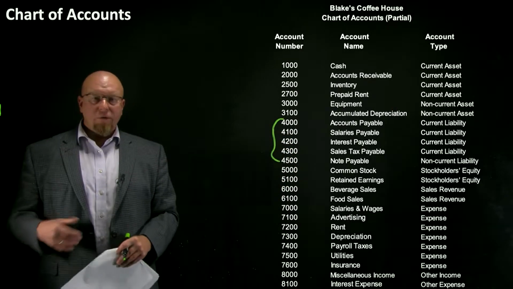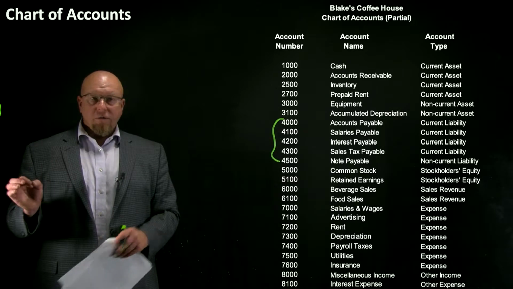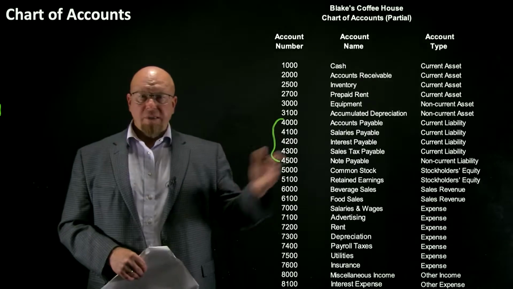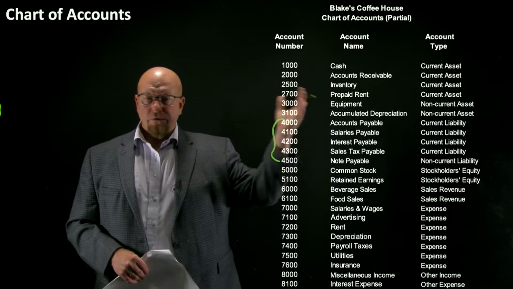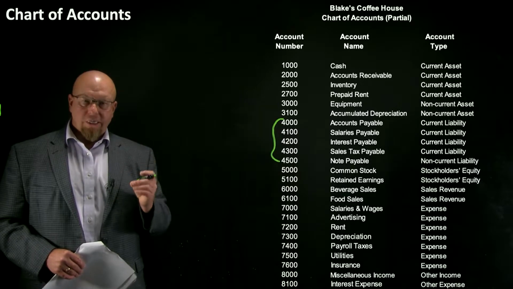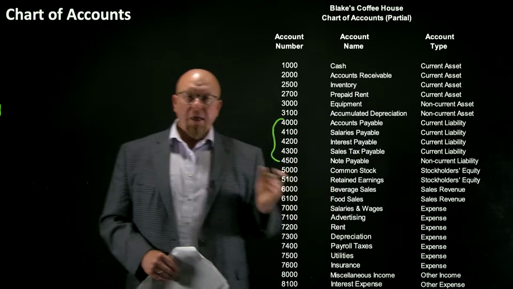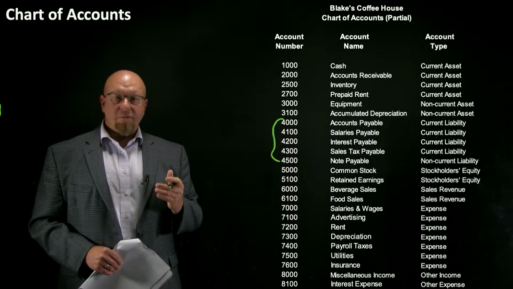So I labeled those all in the 4,000 range for account numbers. There's no prescriptive rule. This could have been the 5,000s or the 4,000s or the 3,000s. The point is to make it logical for the organization. These are some of the accounts that we will be using to record the transactions of the business.